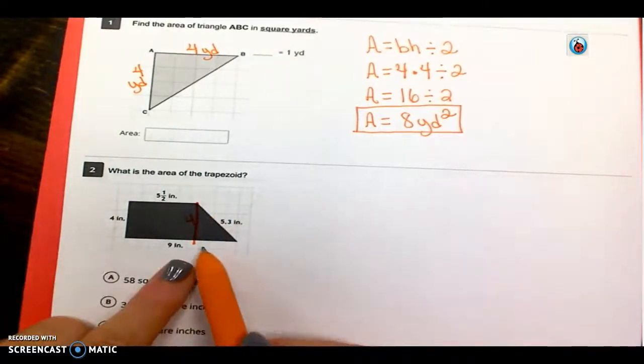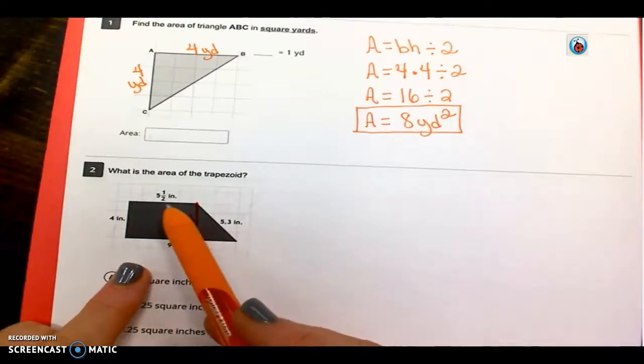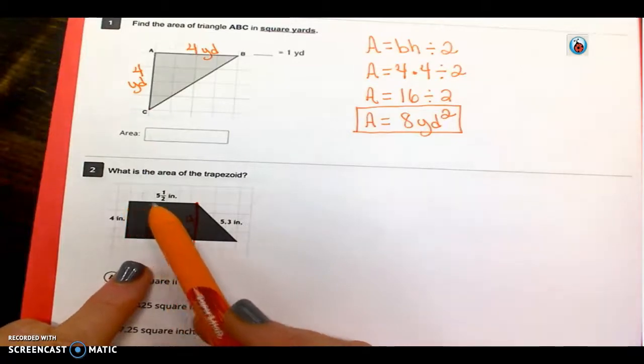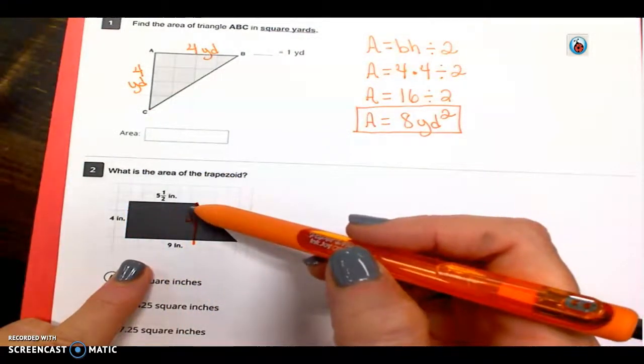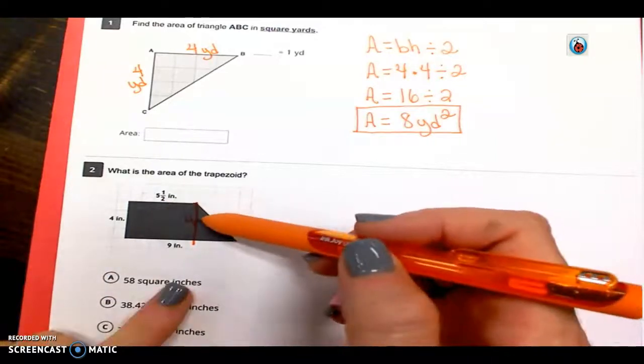So now we have our rectangle's dimensions, which are 5.5 for the length and width. We have 5.5 by 4.